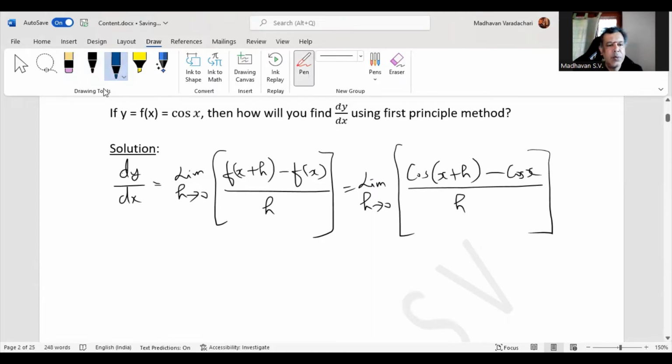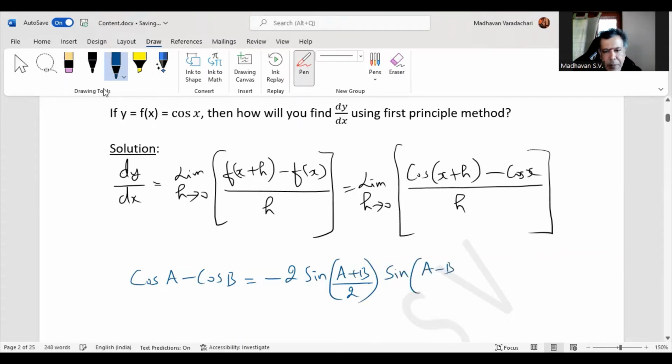So we will now be using a trigonometric identity which says cos A minus cos B will be negative 2 times sine of (A plus B) by 2 times sine of (A minus B) by 2. So we will be using this in the numerator of the above limit.